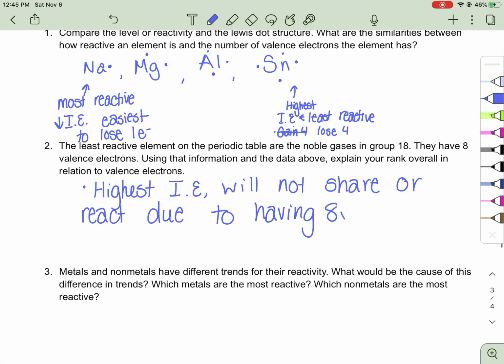And again, that plays into reactivity because the closer an element is to having 8, the more reactive. And remember, it could be 8 or 0 technically, because when sodium loses that 1 and becomes an ion, that outer ring disappears.